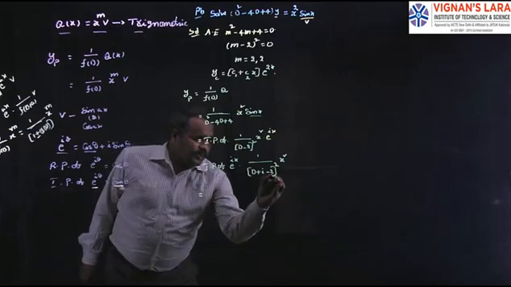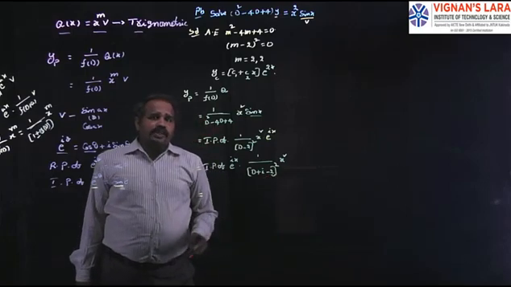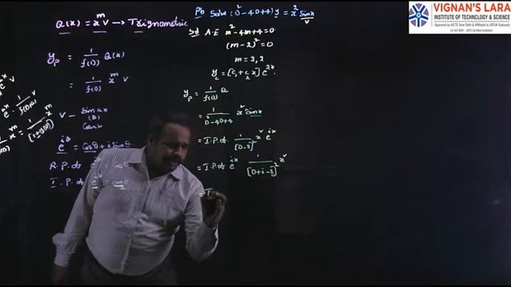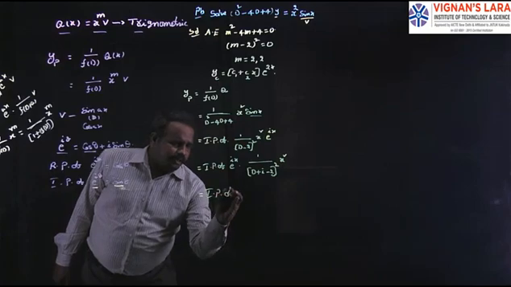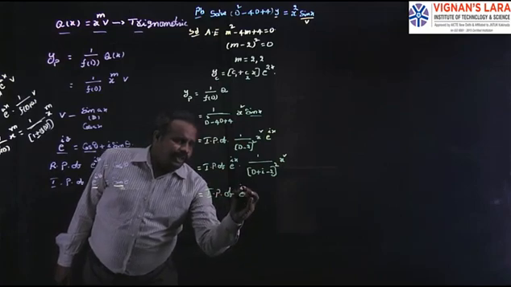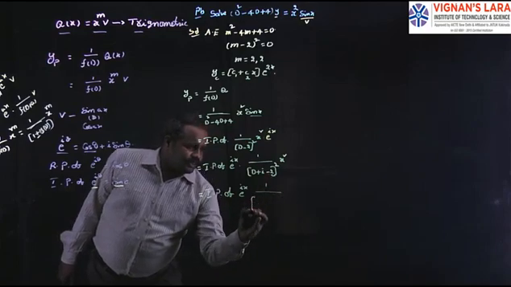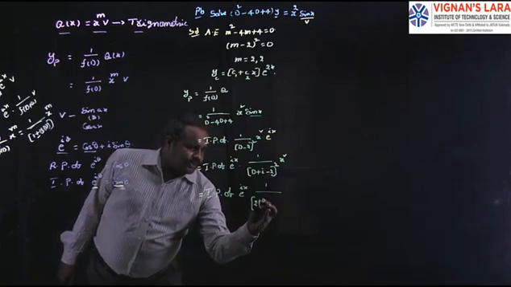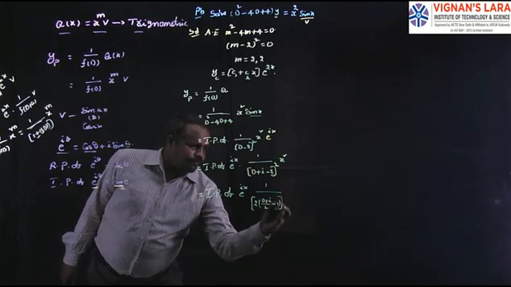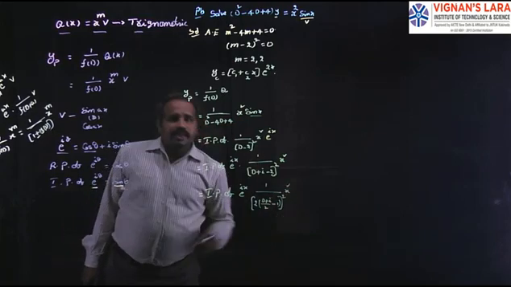Here the constant value is 2, so take that out as common. Then this is the imaginary part of e power ix into 2 into D plus i by 2 minus 1, whole square, into x square.